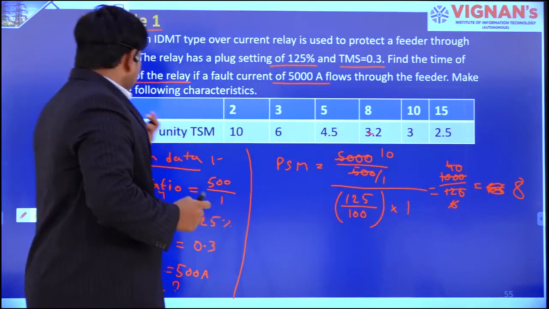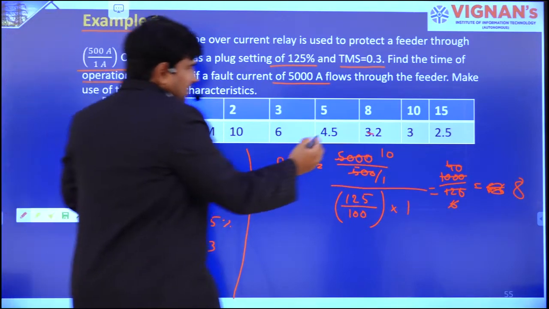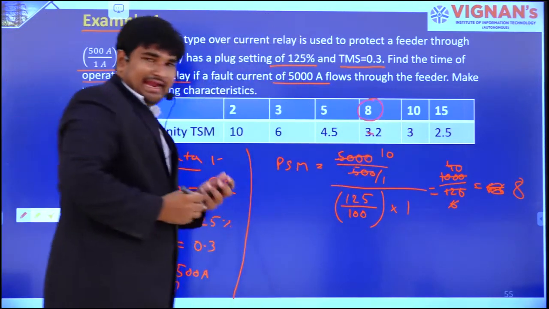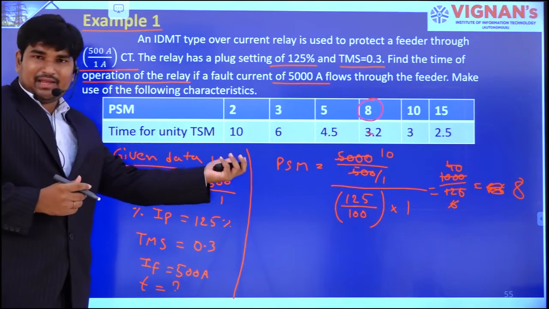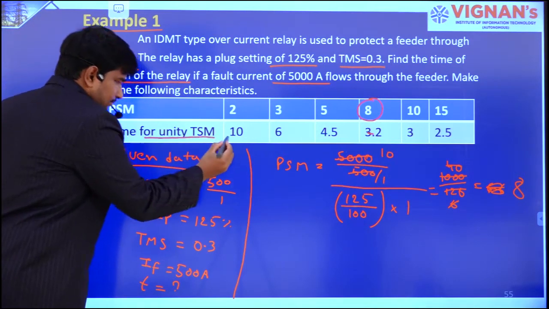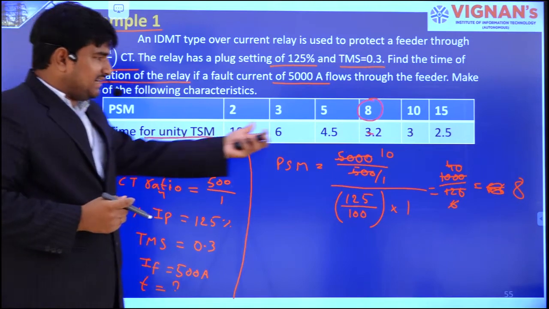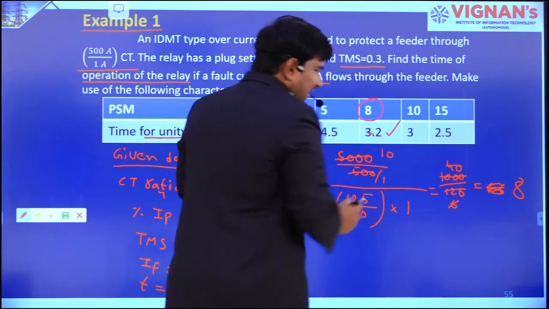Right. So for the value of 8 PSM, what is the time for unity TSM? It is 3.2, right?